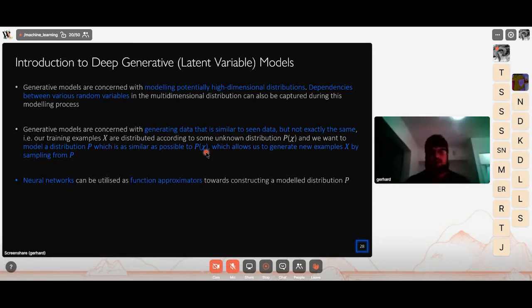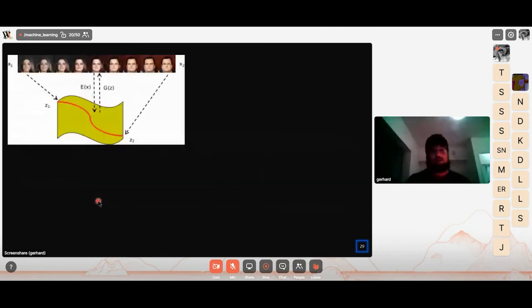So if you think about the training examples, they're distributed according to some unknown distribution, P of x, and we want to model a distribution which is similar to this that will allow us to generate new examples by sampling from this model distribution. And obviously, if you want to use a function approximator, a neural network is a good idea.